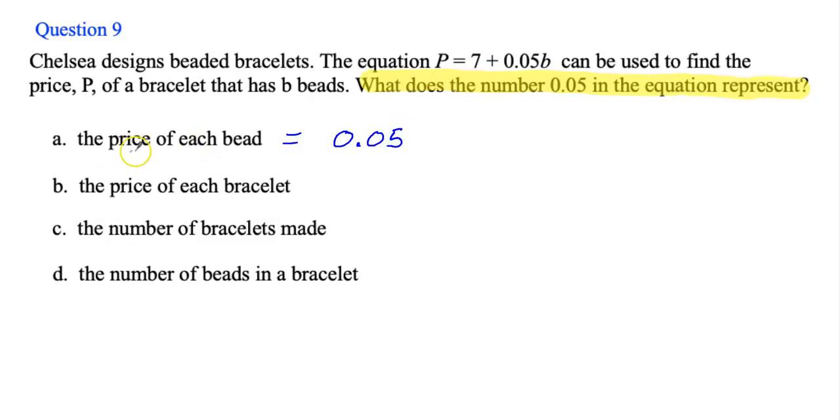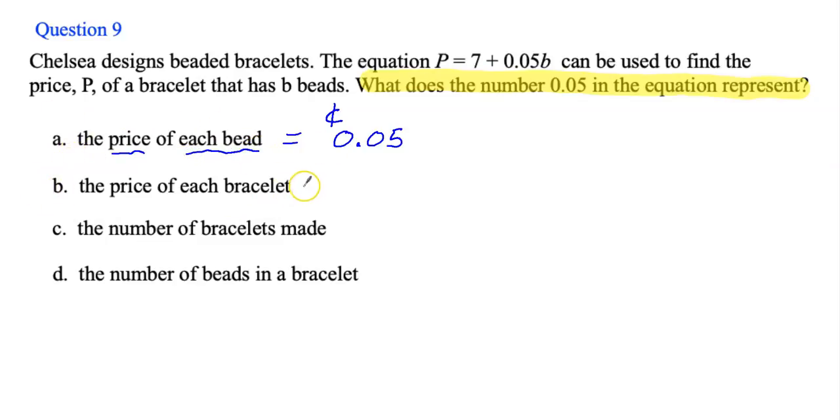Since we're talking about price, I'll put a dollar sign or a cent sign here. So if someone were making a bracelet, would it make sense that the price of each bead is 5 cents? I'd say yes, that makes sense to me. So it is possible that the price of each bead could be 5 cents. So I'm going to keep A.